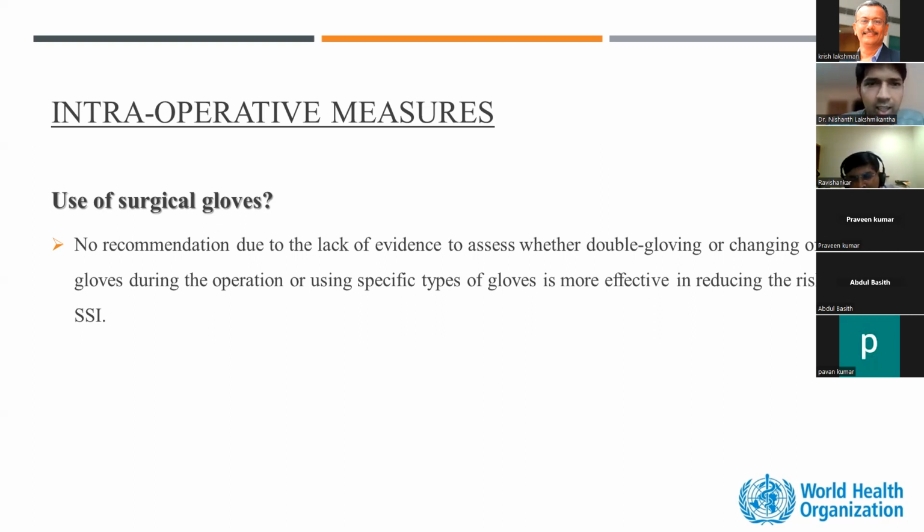So this section we do with one glove, and then before we use the mesh, you change the glove. Any recommendation on that? That's what I'm telling. A lot of them say it, but I don't think I've come across any study which tells that in such cases it actually helps. Lakshman sir, Ravi Shankar sir, any update, any inputs? No recommendation for that. No recommendation. Yeah, go on, Praveen.